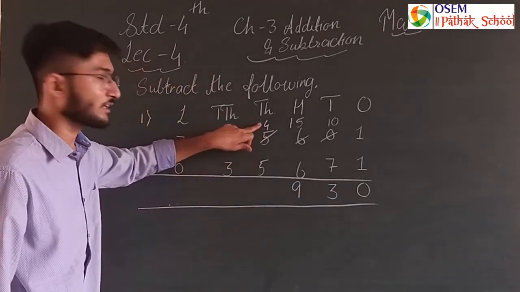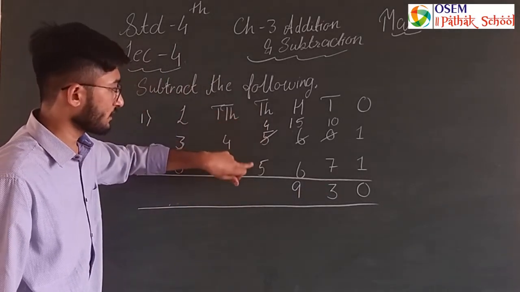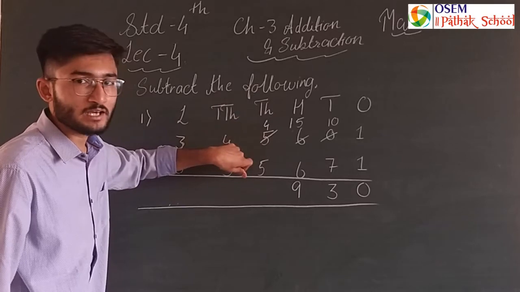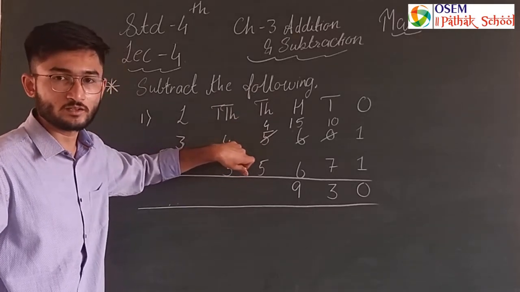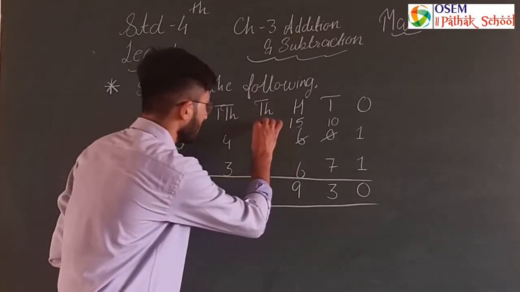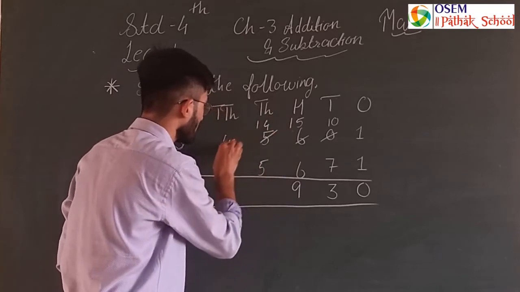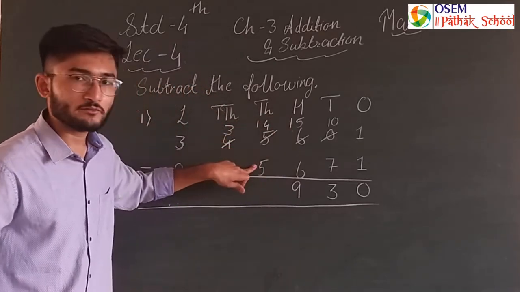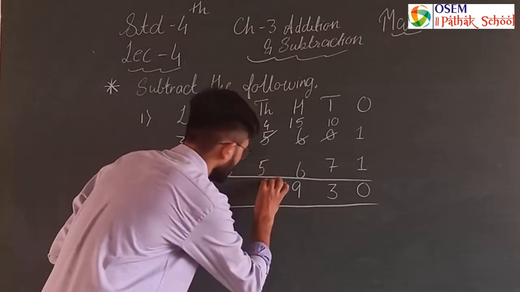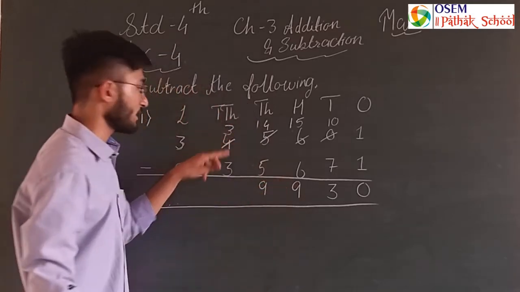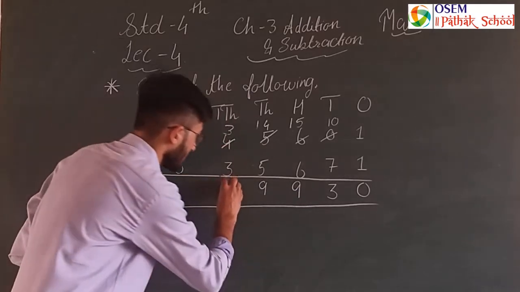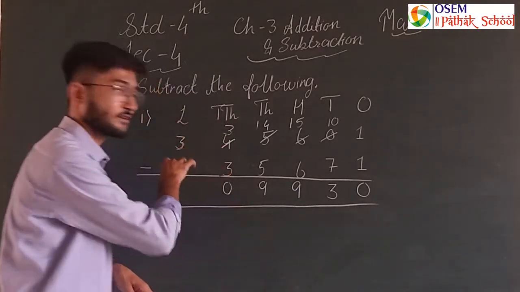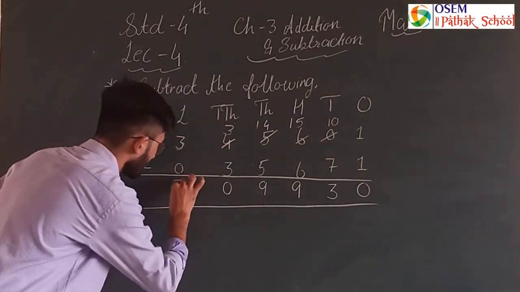Now moving forward at the thousands place, here is 4 and here is 5. 4 minus 5 is not possible. So again we will make it 14 and this 4 will become 3. Okay, 14 minus 5 is 9. Then 3 minus 3 is possible. 3 minus 3 is 0, and here 3 minus 0 is 3.